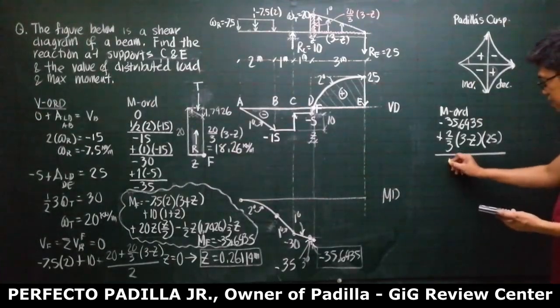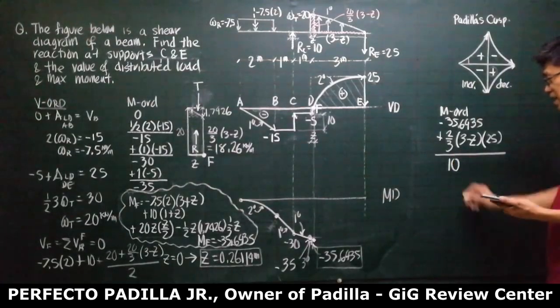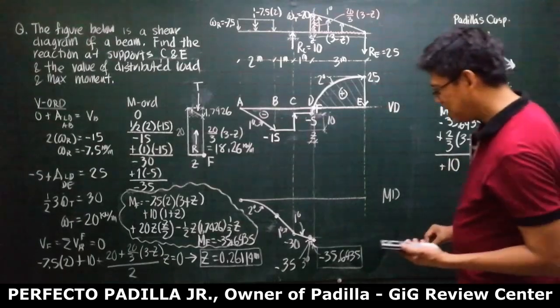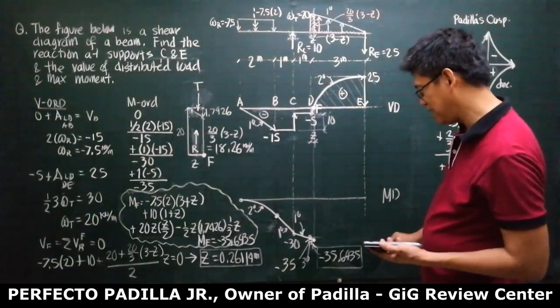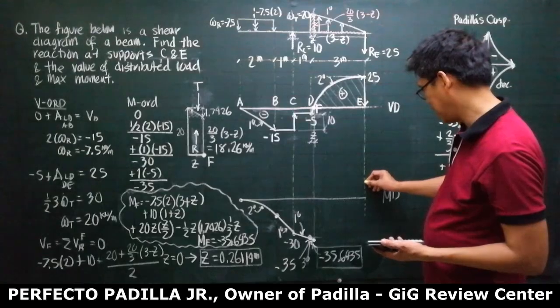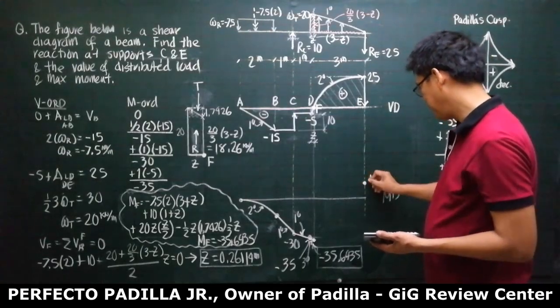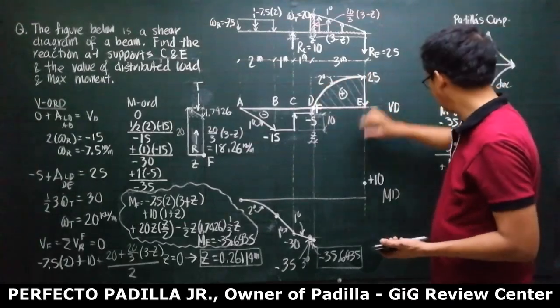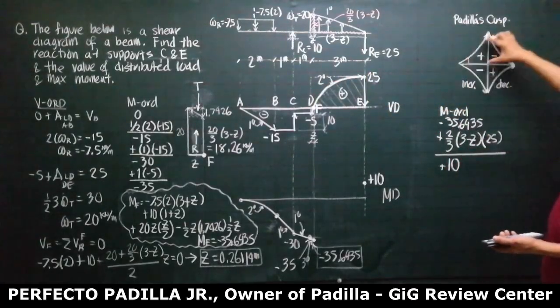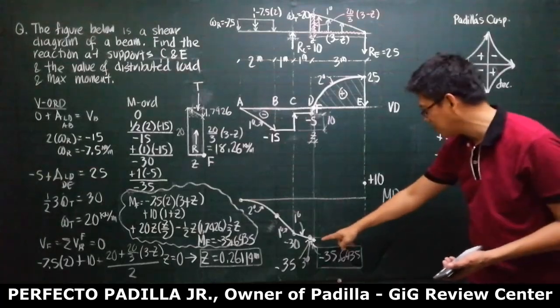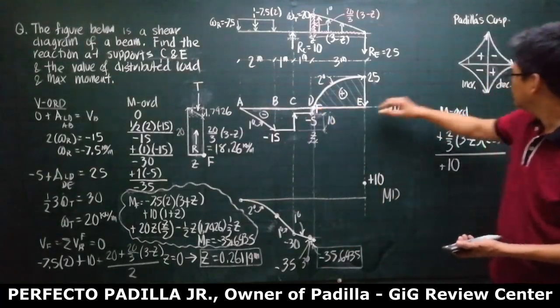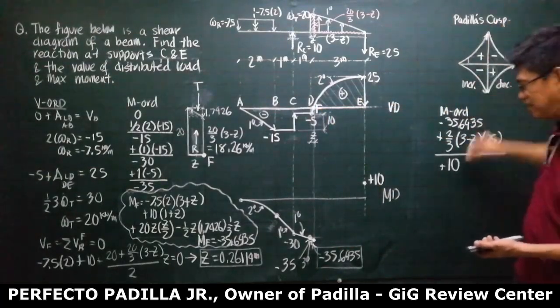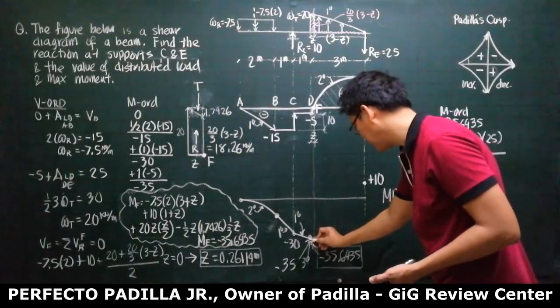so this is positive 10. So the moment here is positive 10. So this is positive increasing, and it begins with 0 value. It will begin here, something like that.